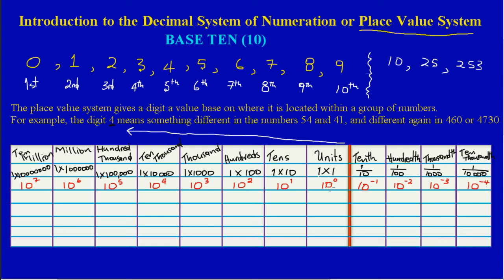Now, if you look carefully, when you're representing it in exponential form, the 10 at the bottom here is a common base 10, which represents the base that I am operating in. And then it is raised to a power. If you notice here in my units column, I didn't have any 0 beside the 1, hence I've raised 10 to the power of 0.